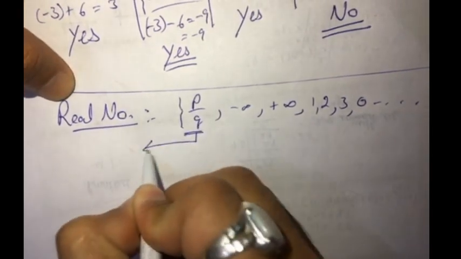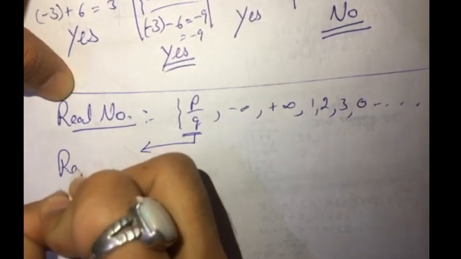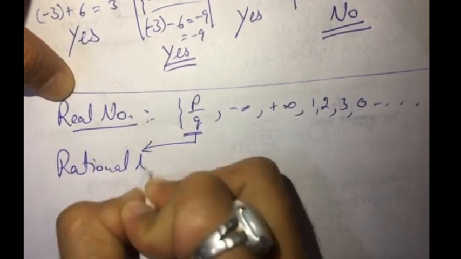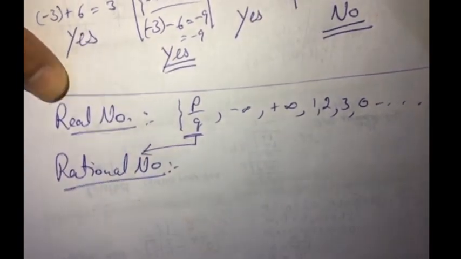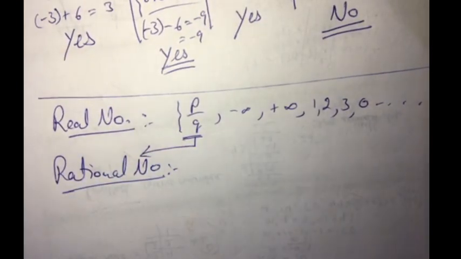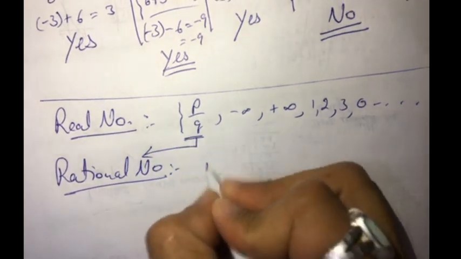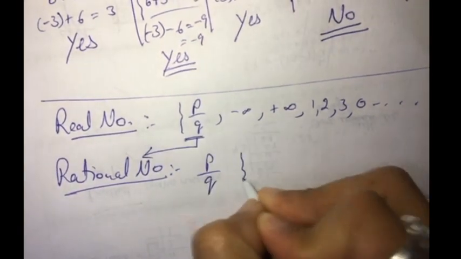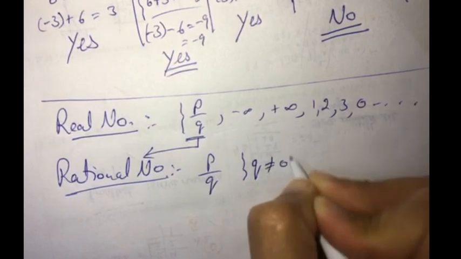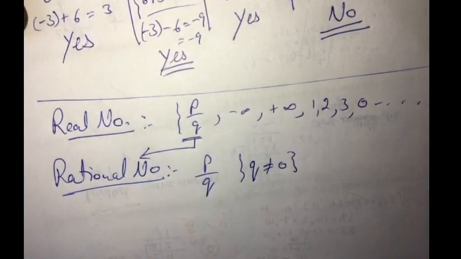But in this we will study first rational numbers. So what are rational numbers? All in p by q form, where q is never equal to 0.